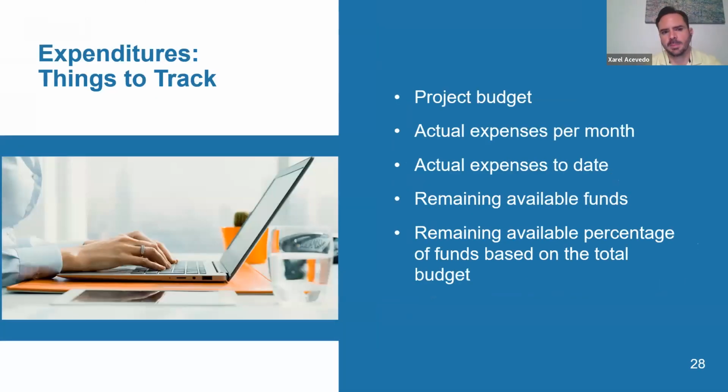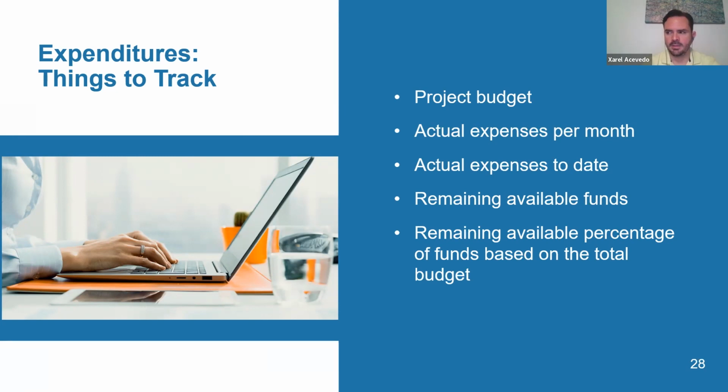All right, so expenditures, things to track. Okay, always track your budget, your project budget. Track your actual expenses per month and to date. Okay, I think this goes back to what I said. Your subrecipient should have good accounting practices, and they should have their numbers up to date.